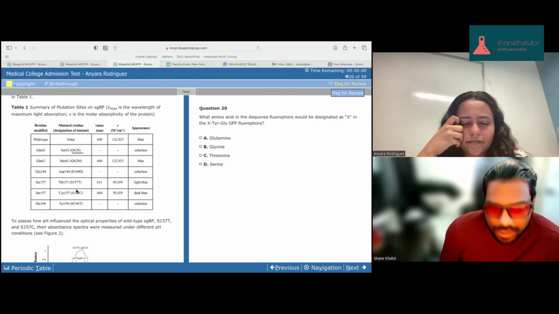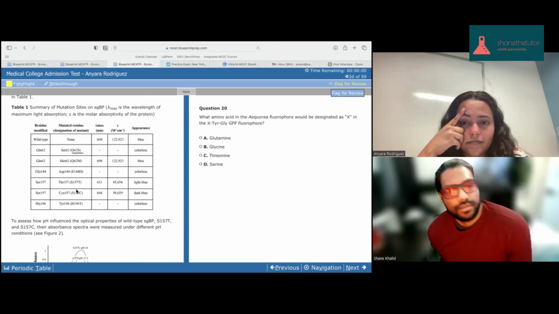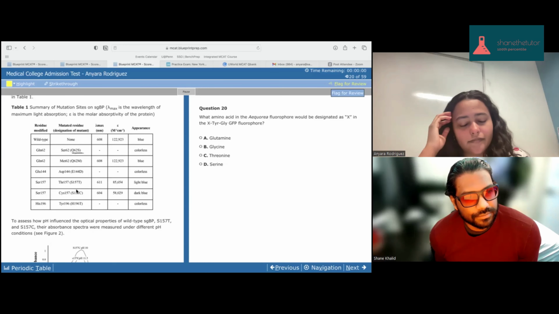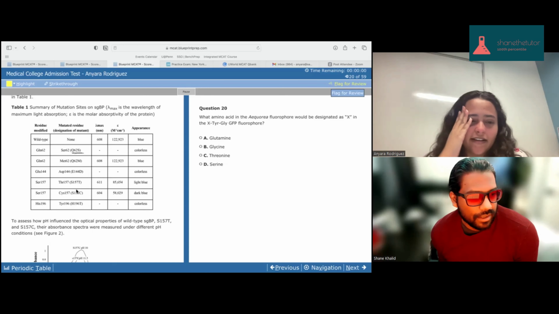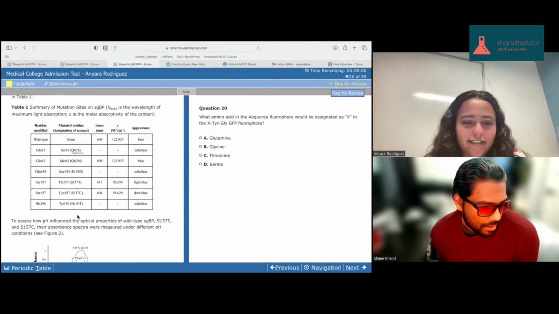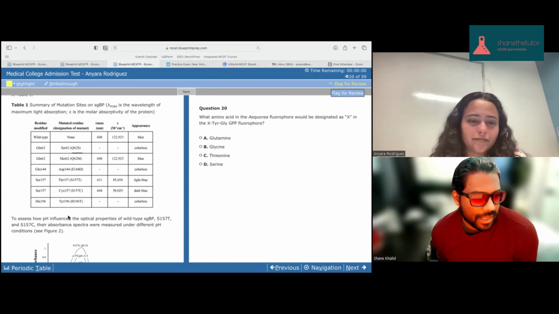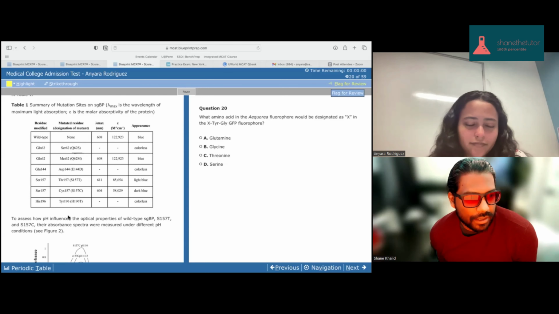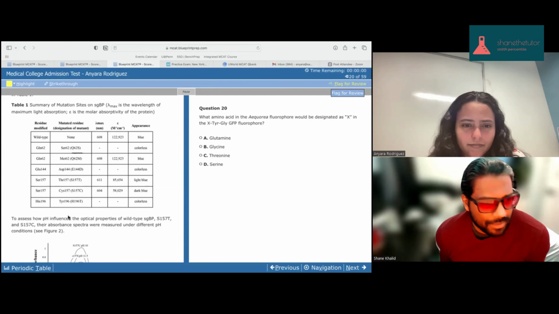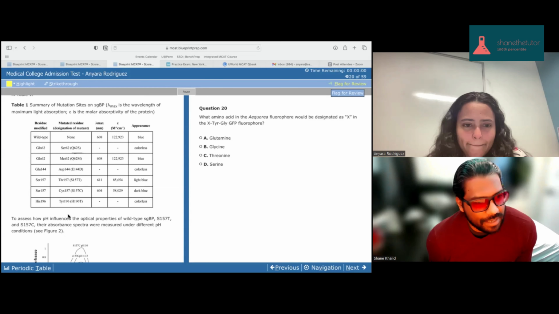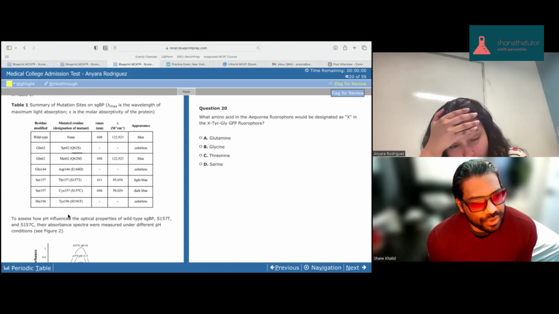So maybe that's why we don't have a wavelength of maximum light absorption or the molar absorptivity, because it is colorless, right? Yeah, and I guess that's the same for all of these that are colorless. And then we have the next one, where we're replacing it with a methionine, and pretty much nothing changes. We still have the same max wavelength, the same molar absorptivity, the same appearance of blue.